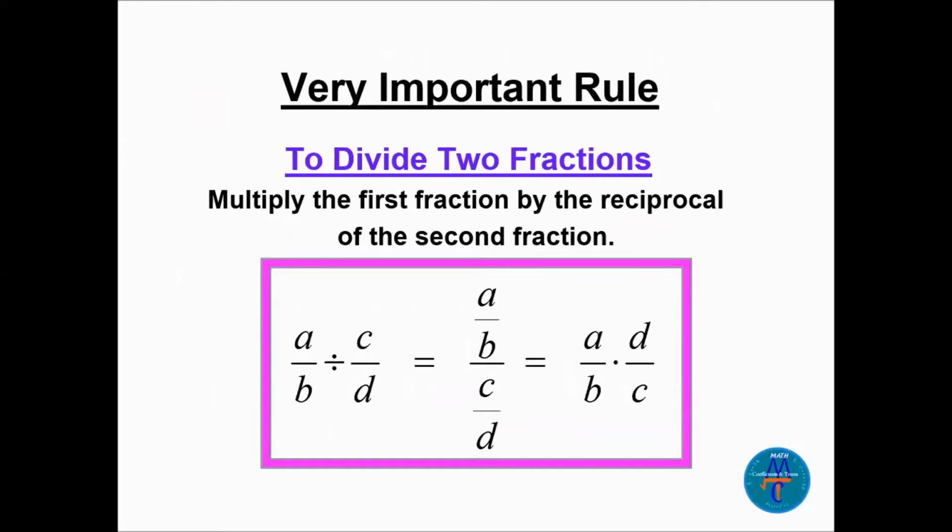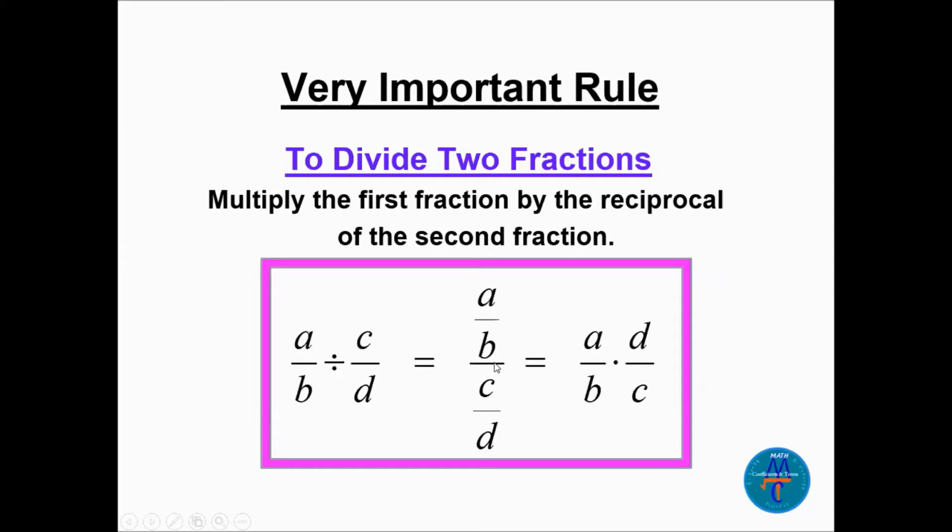This one we call division of two fractions. Very, very important really. If you have a fraction a over b divided by c over d, this is only for division, so a fraction divided by another fraction, you can write it this way, or you can write it this way. You see, it's the same meaning.